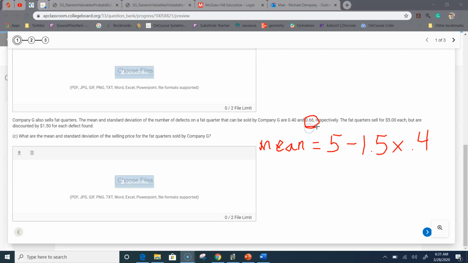Now, what do we do with the 0.66? Well, remember, standard deviation is not affected by adding a constant. So this 5 is not going to affect the standard deviation. Neither is this negative sign, right? It's always positive. So for the standard deviation, I'm just going to take 0.66 and multiply it by $1.50. And that'll give me my standard deviation.